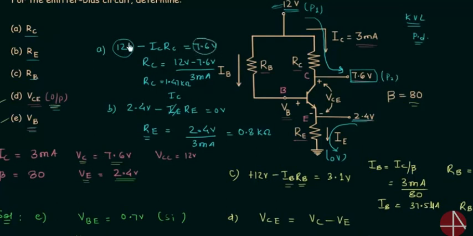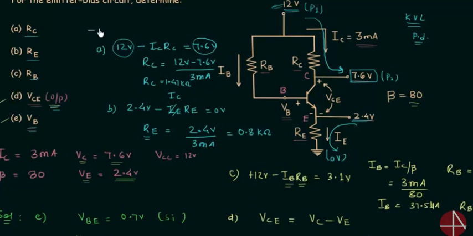In this way we can use point potentials in KVL, because according to KVL, the sum of voltages or potential differences in a closed loop is equal to 0. So if you want to make sum of voltages in this equation equal to 0, you have to subtract 7.6 volts on both the sides.